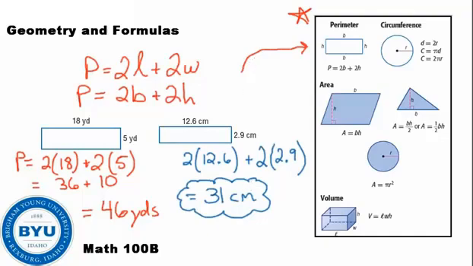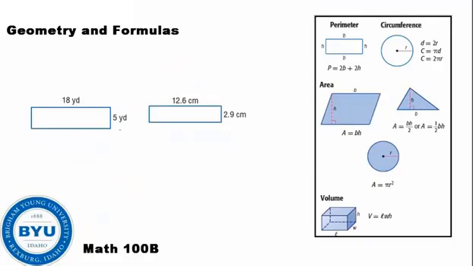Excellent. The next thing we want to talk about, since we've got rectangles here, is area of rectangles. Area is a two-dimensional measurement. It's the amount of space inside a closed object.